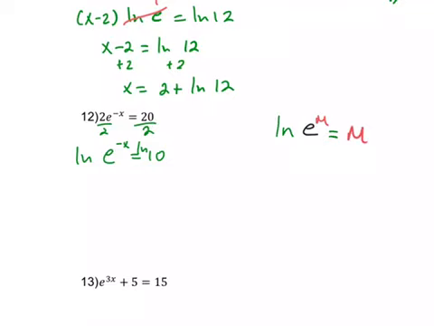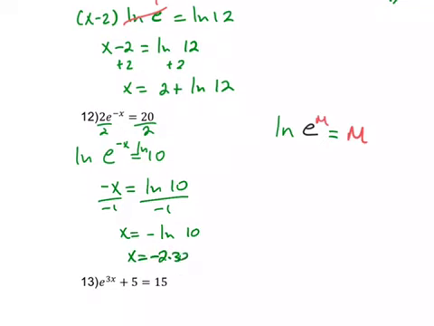So that means that on this exercise, the natural logarithm of e to the negative x just equals negative x equals natural logarithm of 10. And now I'm just going to divide by negative 1, so x equals negative natural logarithm of 10. So on my calculator, the negative natural logarithm of 10 equals negative 2.3026.